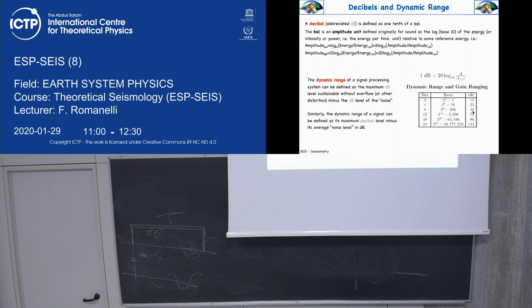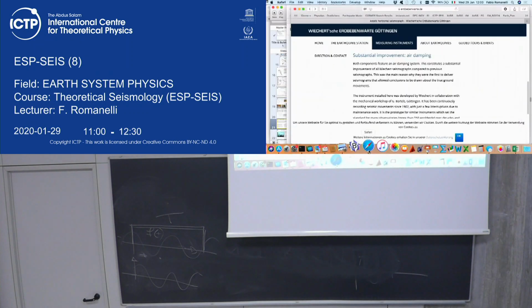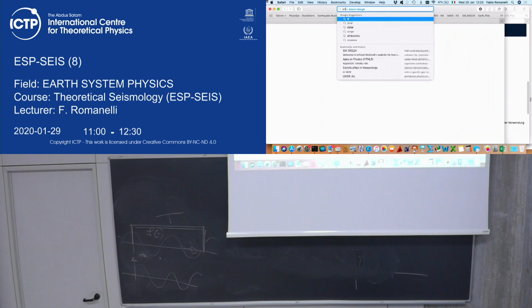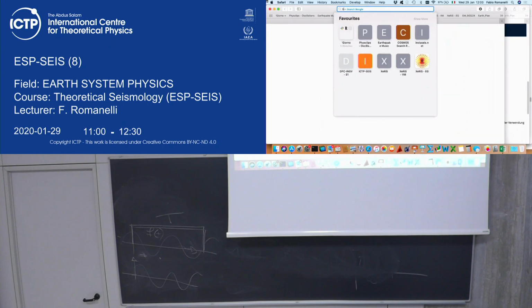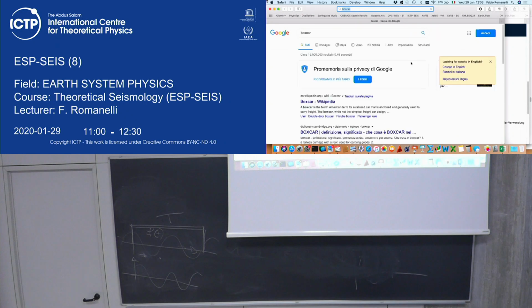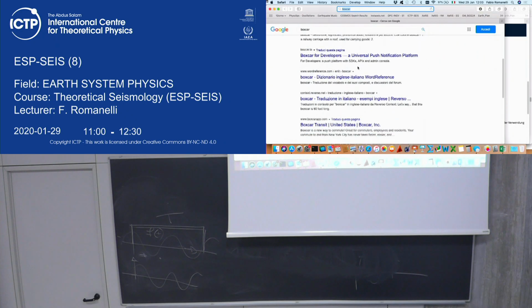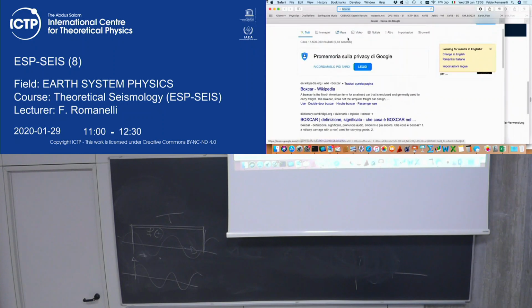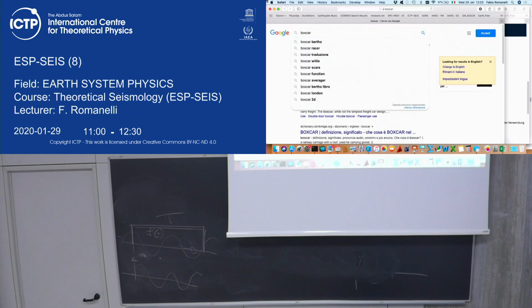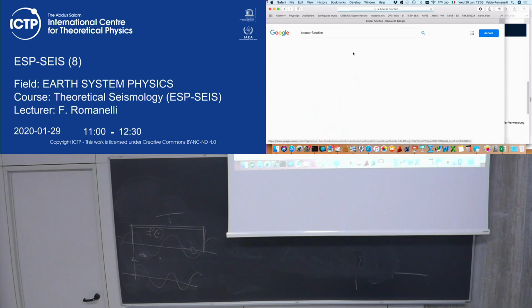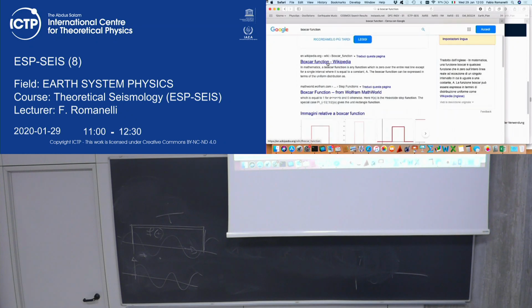I was checking on Google, and actually, if you Google sinc function... well, let me do it on the other. Boxcar. Not this one. There should be also the mathematics function. I think I found it. Okay. Boxcar.